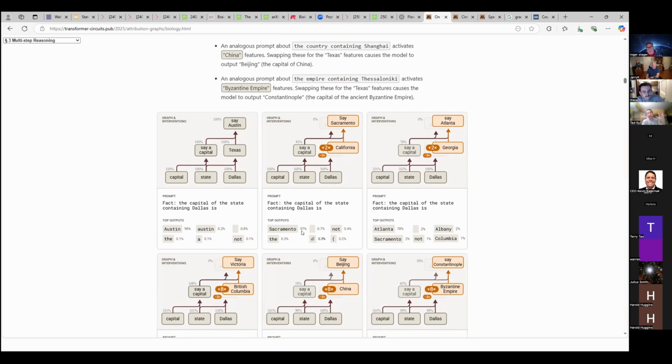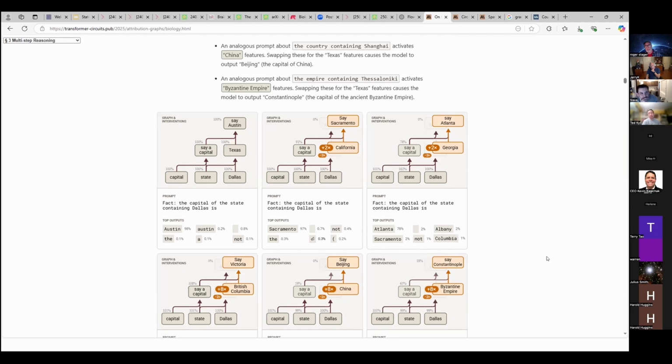So that kind of experiment for me is very strong evidence that their analysis and this particular computation graph, this circuit, is in fact relatively accurate to represent what really happened in the LLM.